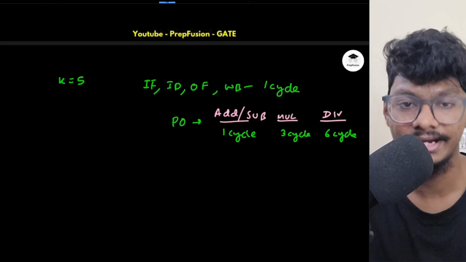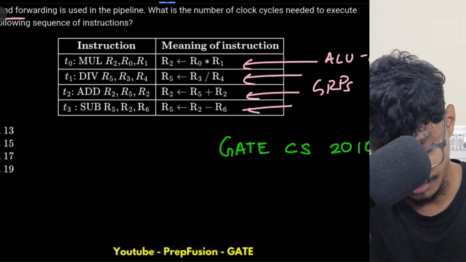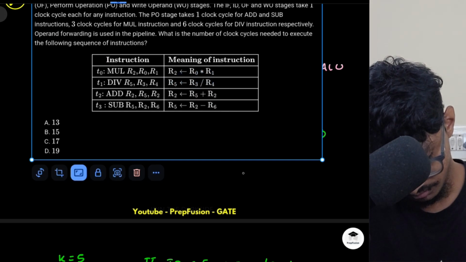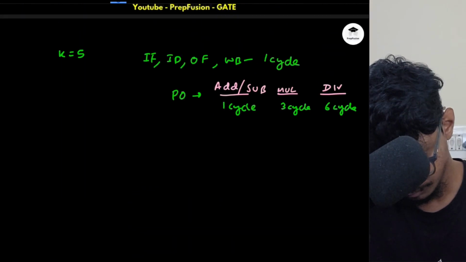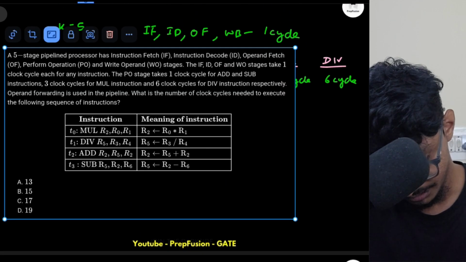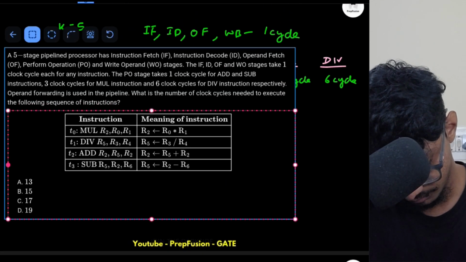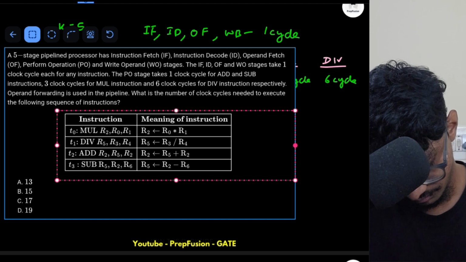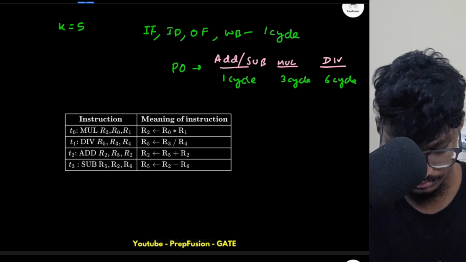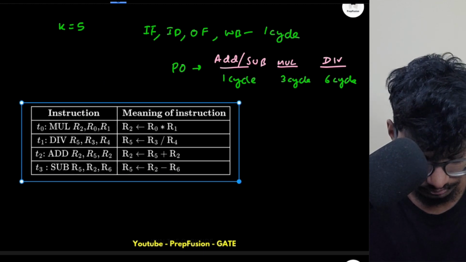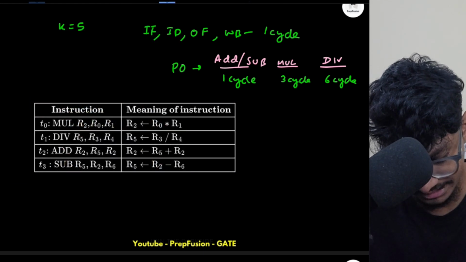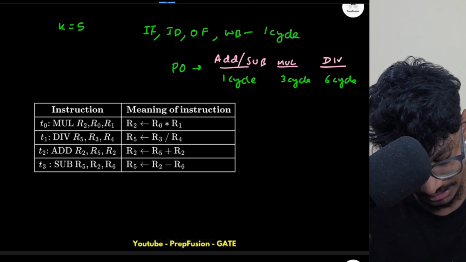So without any hazard, because there is some hazard. What is the hazard? If I just copy this and paste this here, what can happen is there is a data dependency, right?